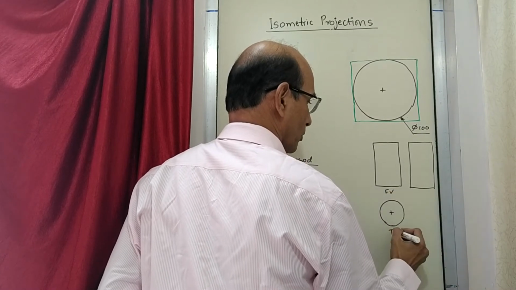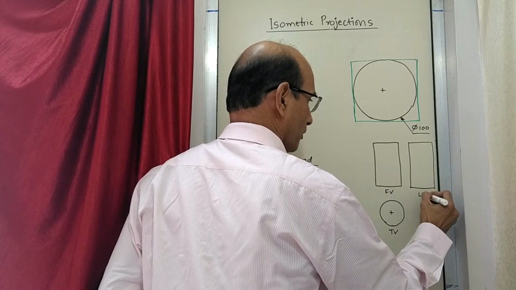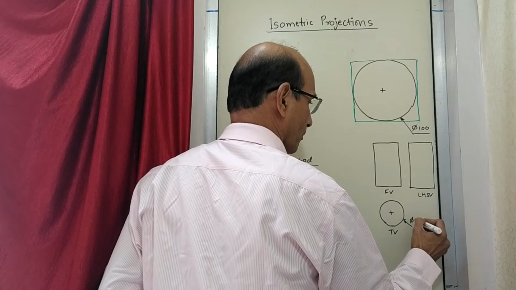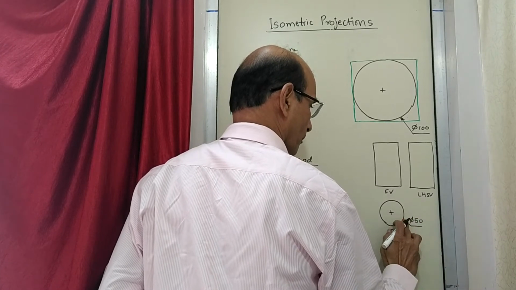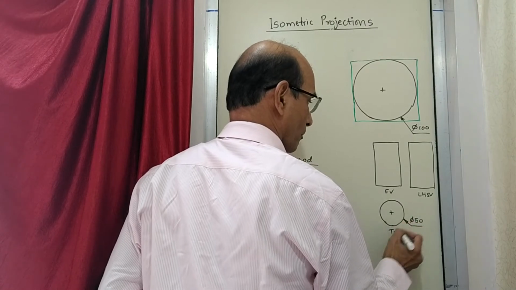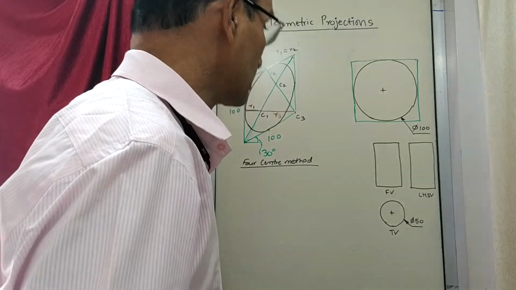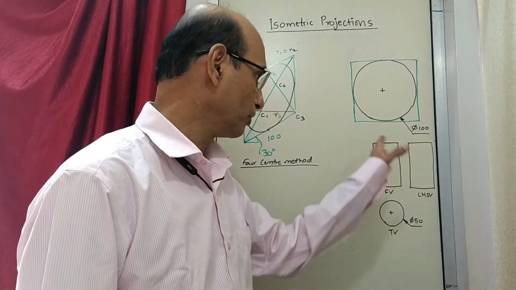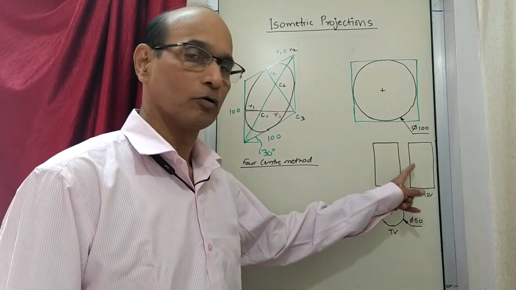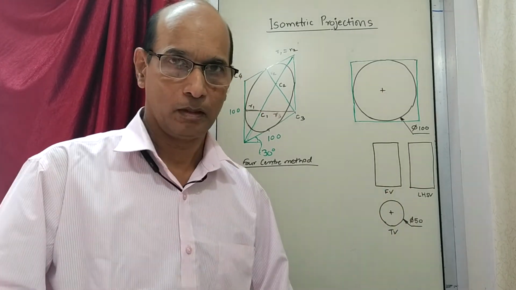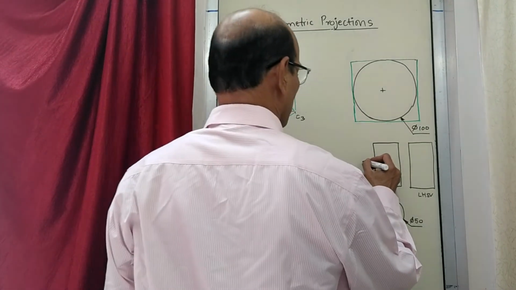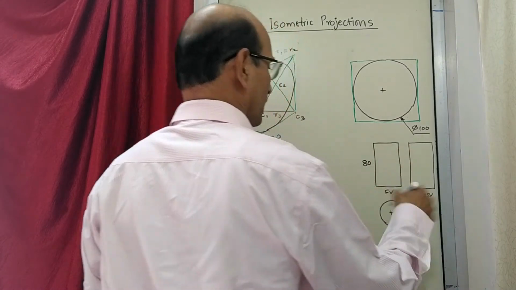Front view, top view, left hand side view. There is a cylinder of diameter 50, and we are going to draw this cylinder in isometric. Maybe the size is given, 50 is the diameter, and let's say 100 is the height, or maybe 80 is the height. Height 80, diameter 50.